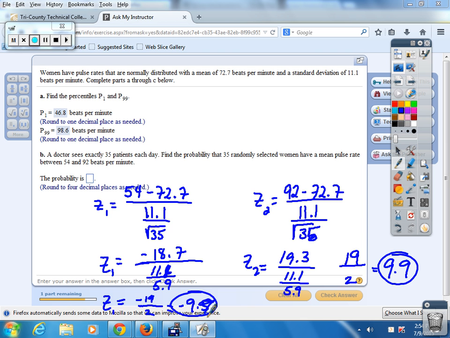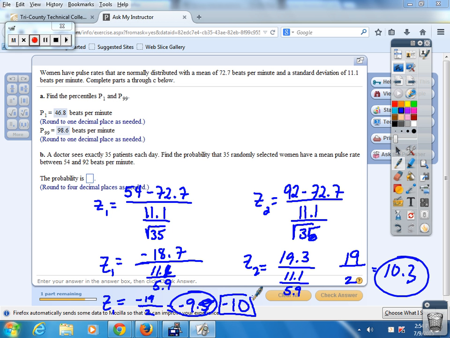What'd you get? 10.27, or 10.3. And what's this one? Negative 9 point what? What did you say this was, Ms. Coward? Negative 9.97. 9.97 would be negative 10.